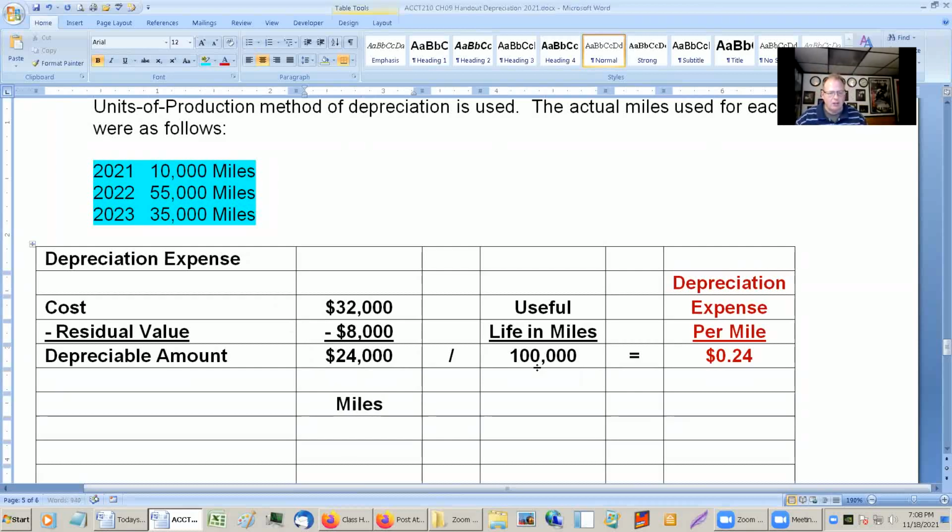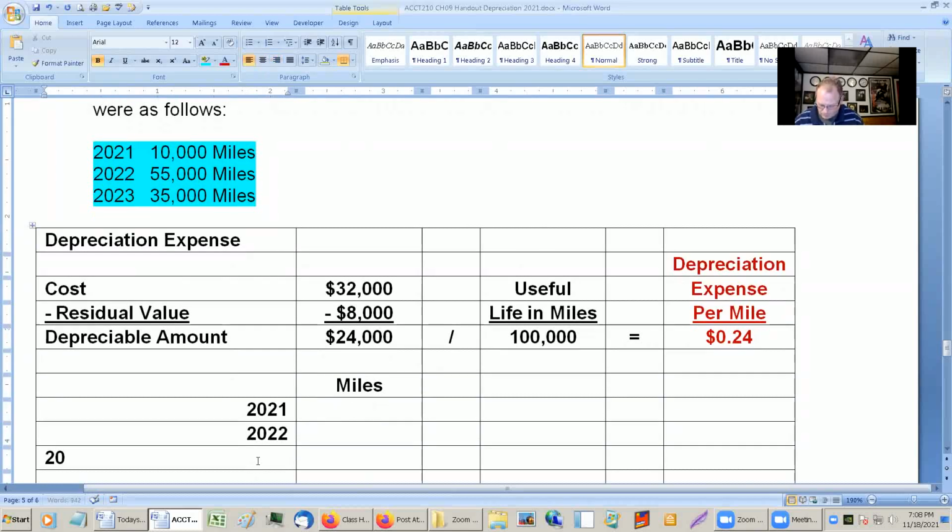So for instance, okay, first year we use it for 10,000 miles.